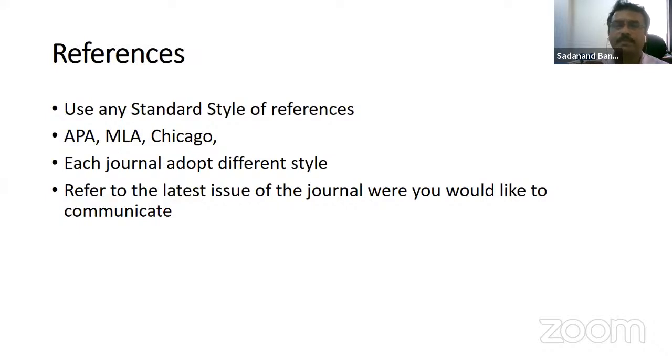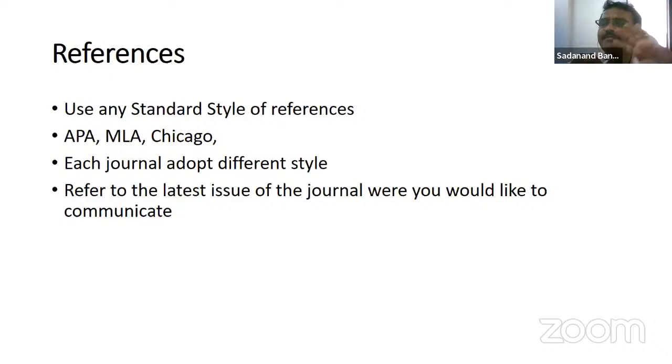If you would like to communicate your article to a specific journal, just before communication, go to the publishing policy of that particular journal, or see the latest issue and see what kind of referencing style is being used. Accordingly, you can modify.